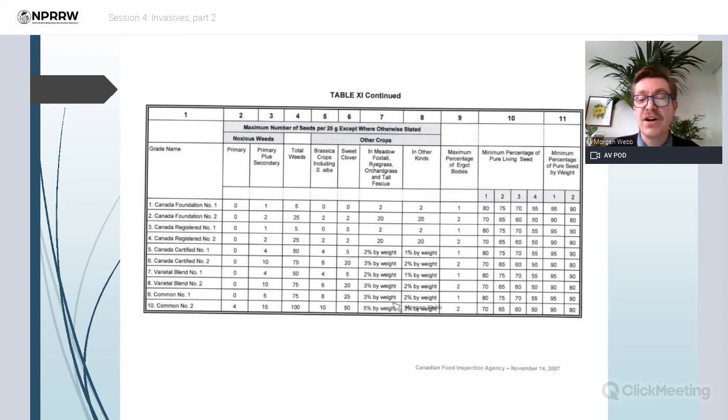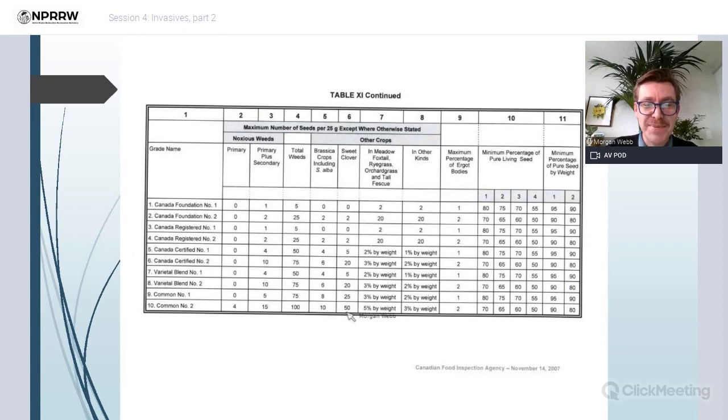So that would be the Common Number 2 column. So they would be allowed 4 primary noxious weeds, 15 secondary plus primary, a total of 100 weeds. And this is per 25 grams because the table is per 25 grams. That's going to be useful when we read that seed testing report.